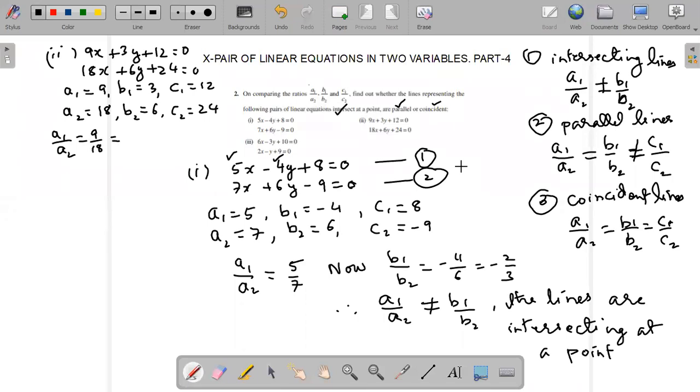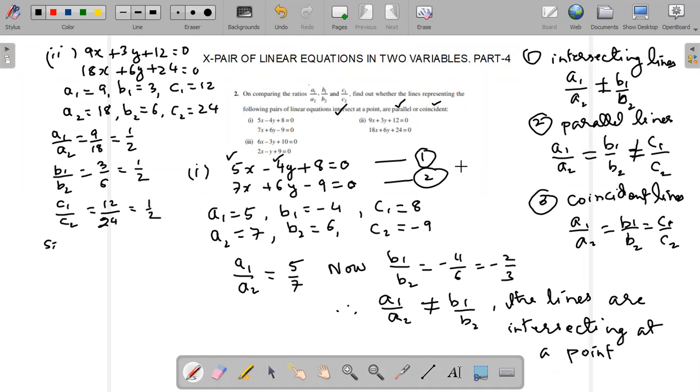So 9 ones are 9, 9 twos are 18, 1 by 2. Now find b1 upon b2. b1 upon b2 is equal to 3 by 6. 3 ones are 3, 3 twos are 6, 1 by 2. And c1 upon c2 is equal to 12 by 24. 12 twos are 24. So we are getting all equal.